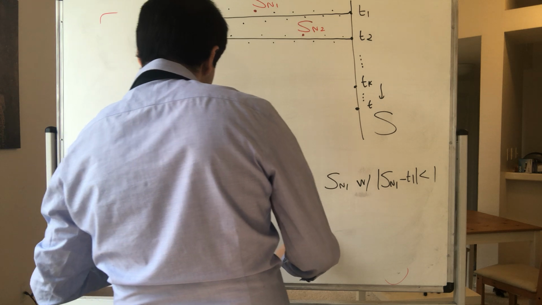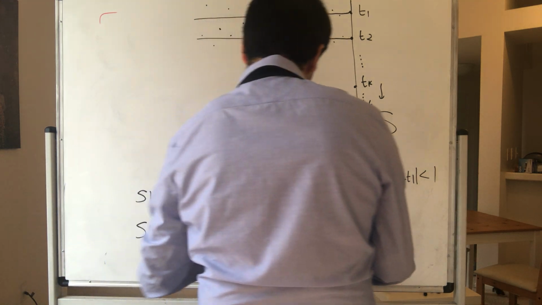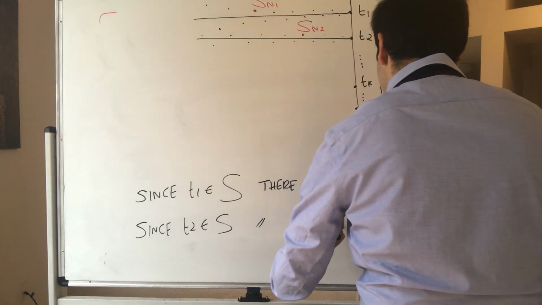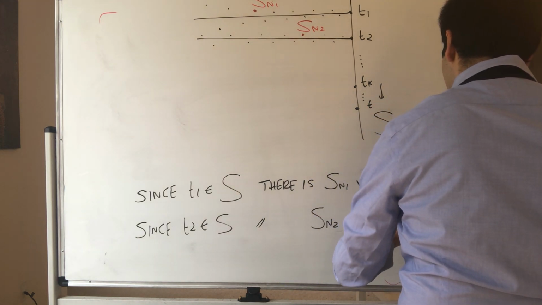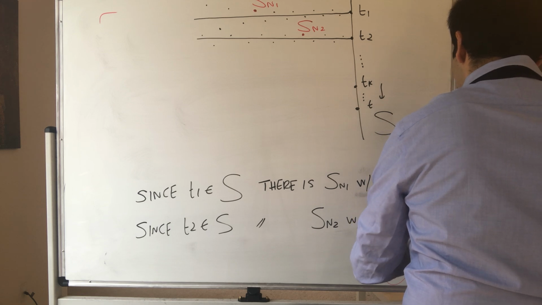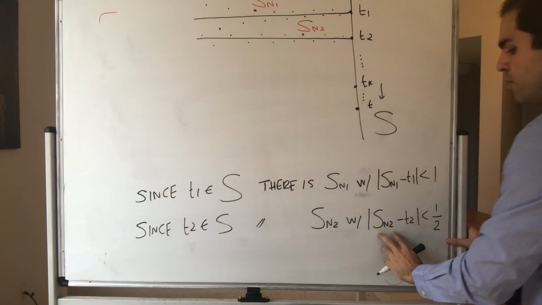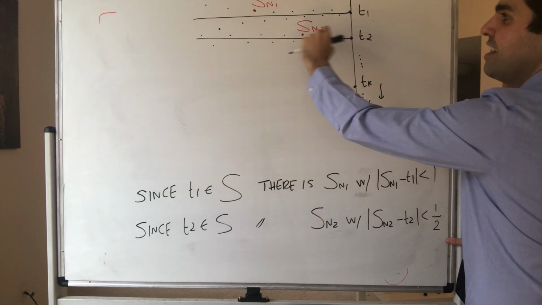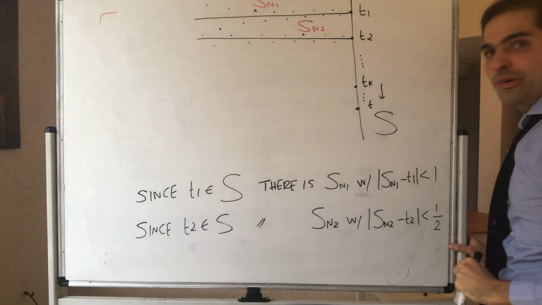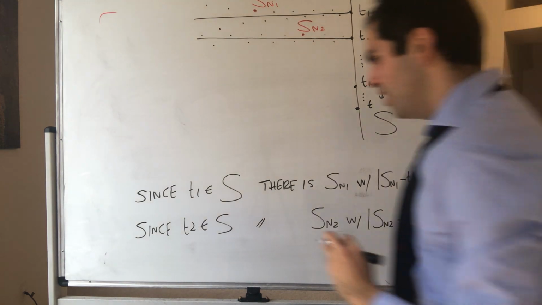So since T2 is an S, there is Sn2 with |Sn2 - T2| < 1/2. And by the way, we can choose Sn2 to be after Sn1 because there are infinitely many terms that are at most 1/2 away. So that's not a problem.